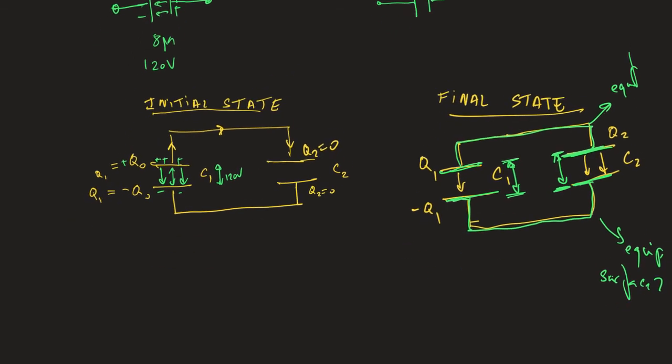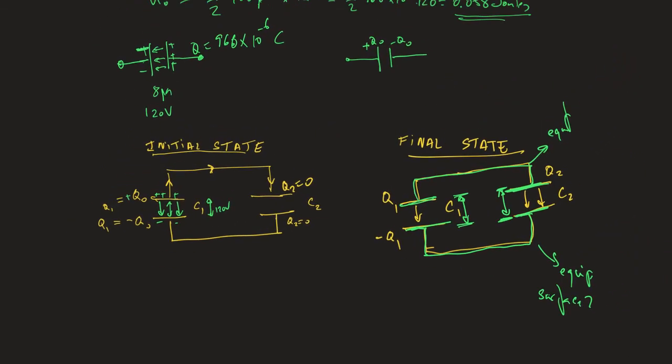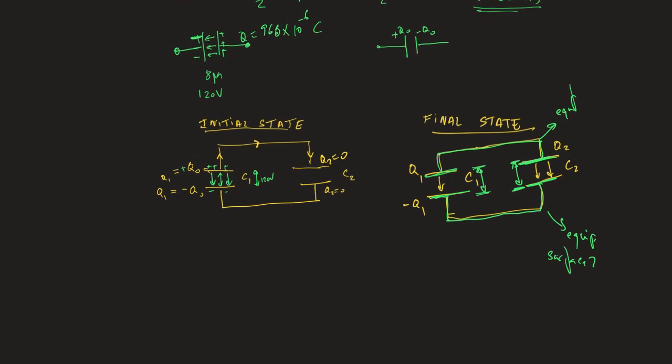So how will I find the final state of this? In the final state there will also exist an E1 and an E2.